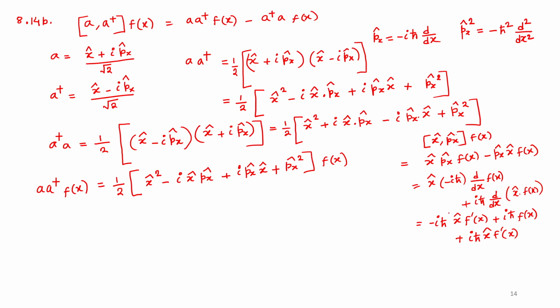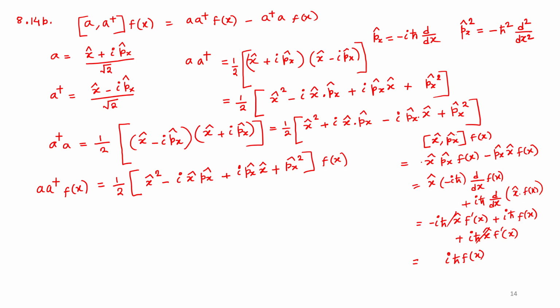So that is cancelling, and we are actually getting something around i h cut f of x, a commutator relationship of it. As you can see here, it is minus i x px.